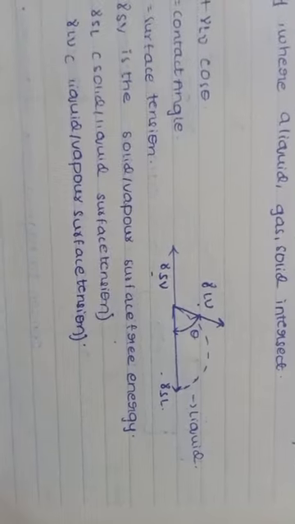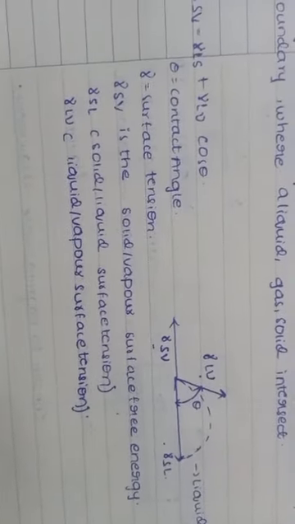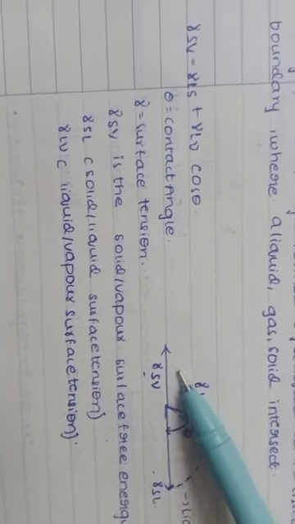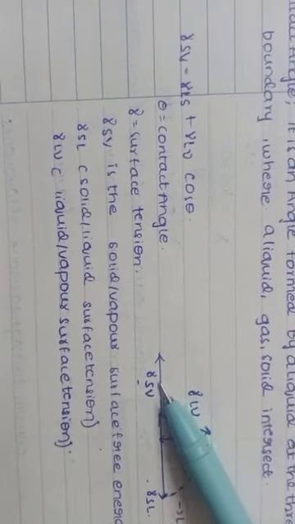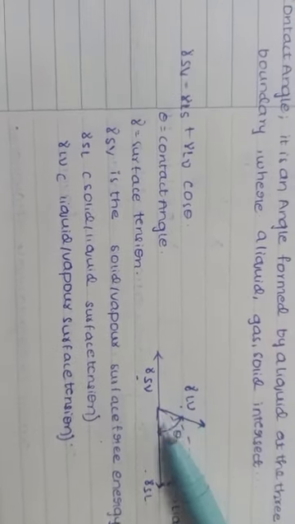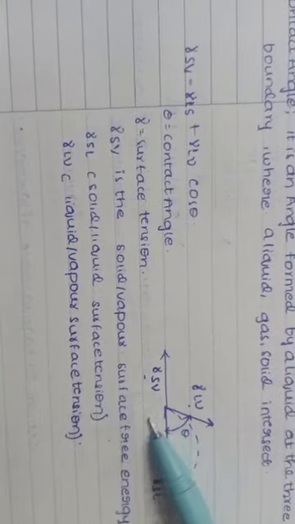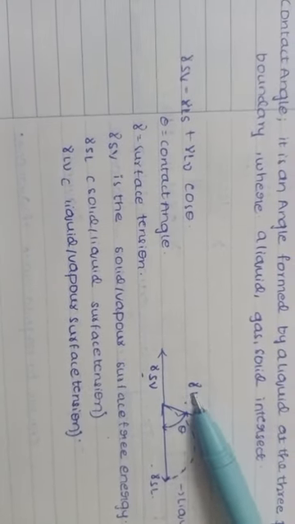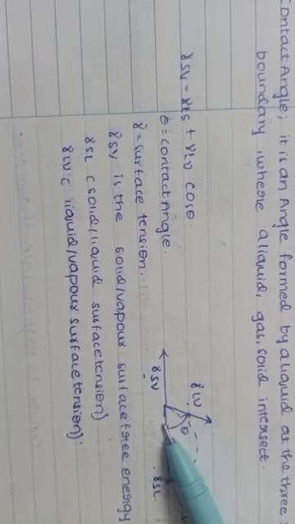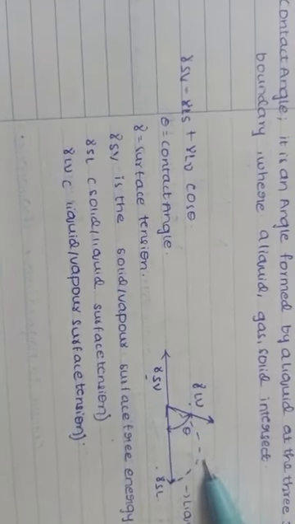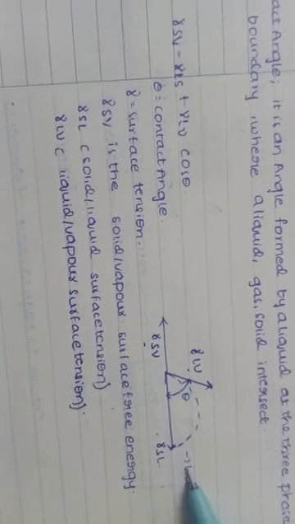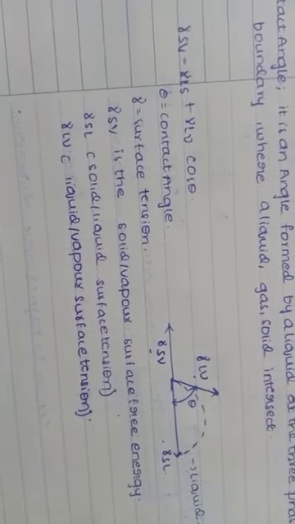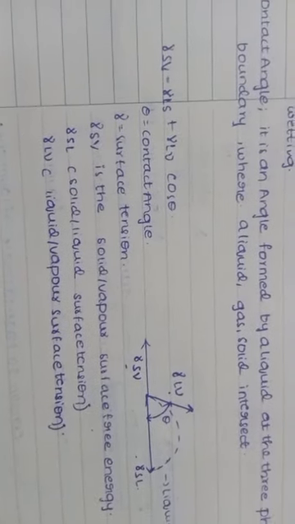If you observe this diagram, this is surface tension SV, that is the solid surface free energy, and this is the liquid free energy, and this is the angle theta, and this portion is having only wettability, and this is the liquid.